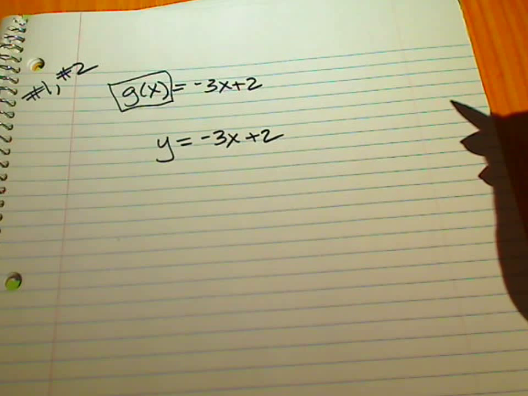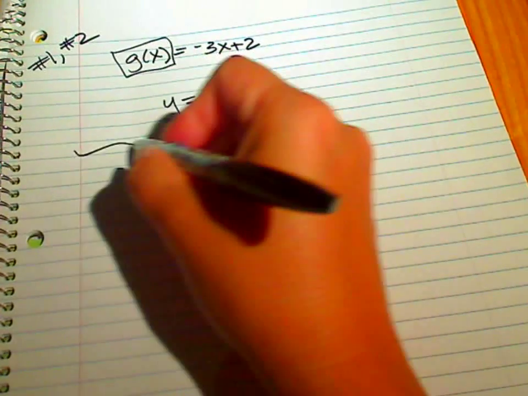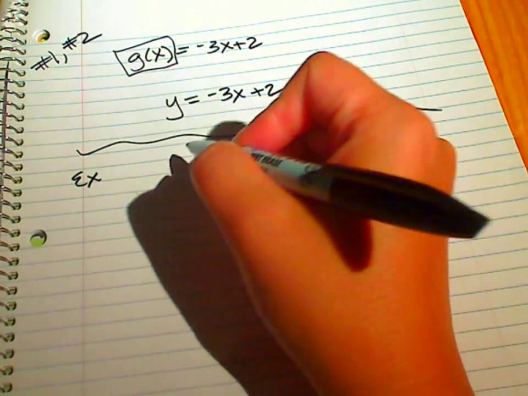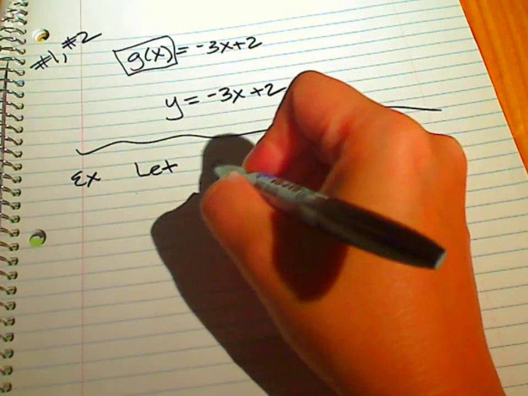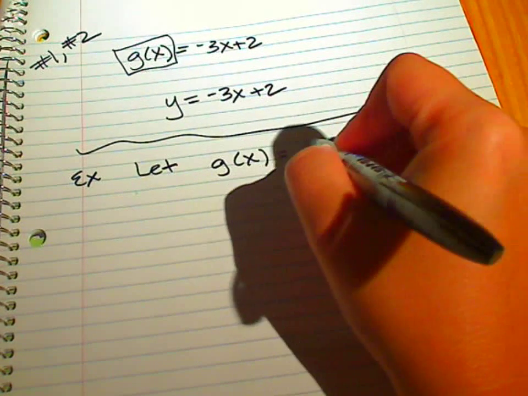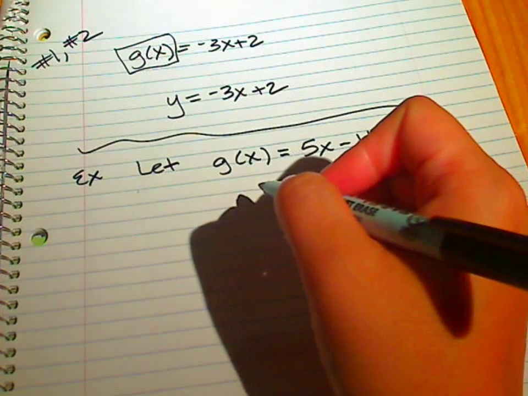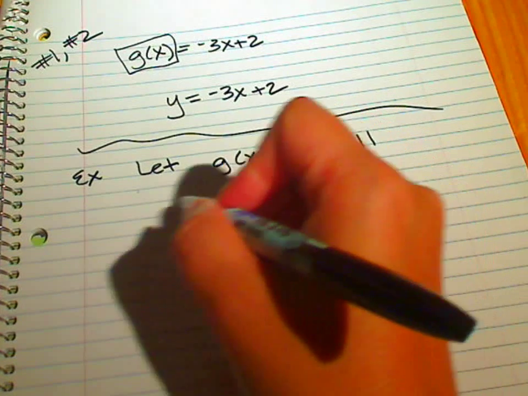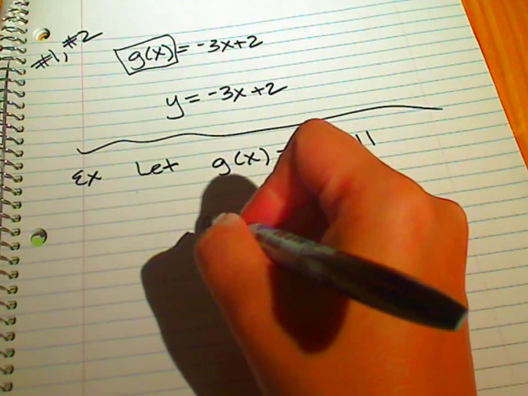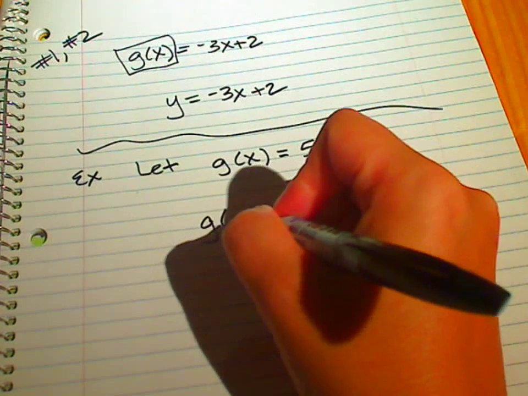So when you do columns like numbers 1 and number 2, my example is going to be, let g of x equals 5x minus 11. One thing, if it helps you, when you do something like number 1, it says let g equals negative 2.